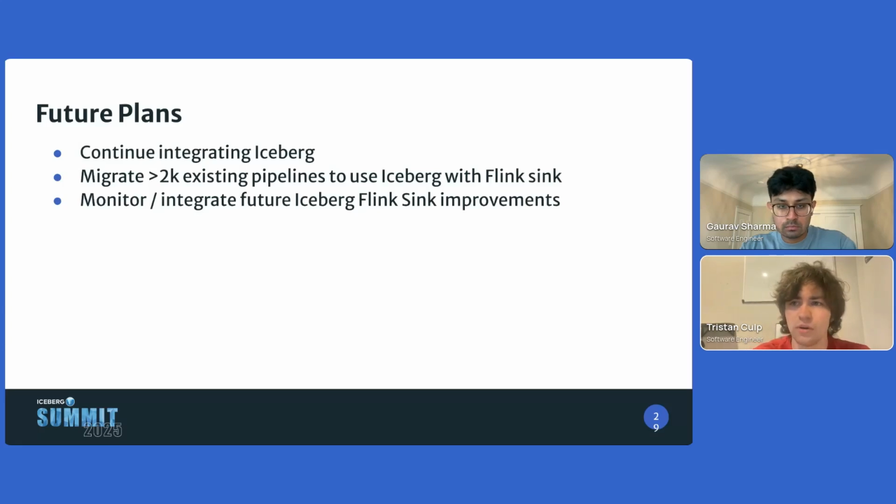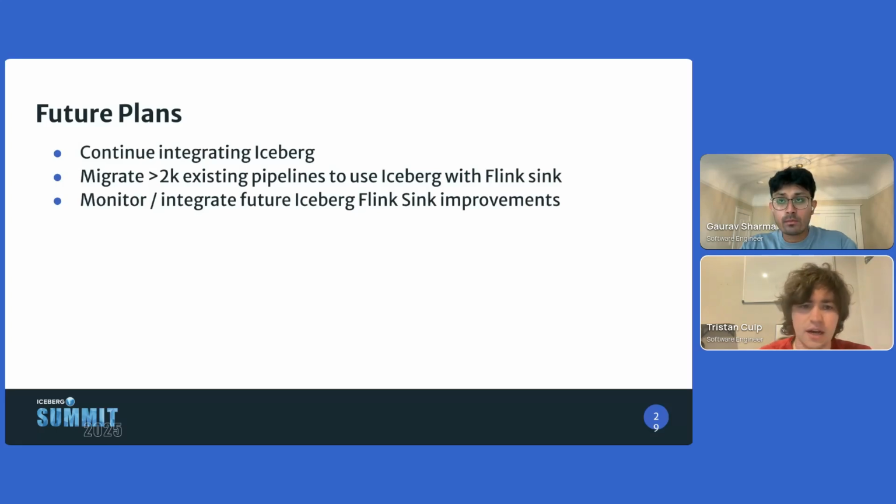Additionally, we also want to extend this integration not just for this pipeline, but for maybe other services we own or other teams that want to try improving their streaming capabilities. We still have thousands of pipelines that are not using Iceberg with the Flink sink. So we want to continue this migration process.